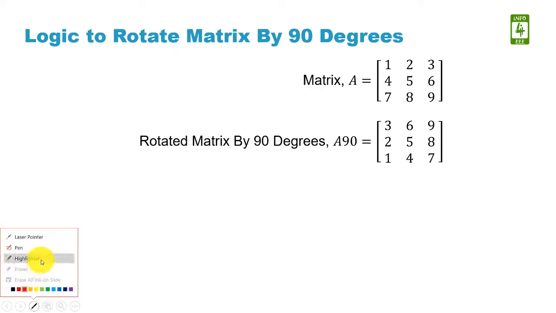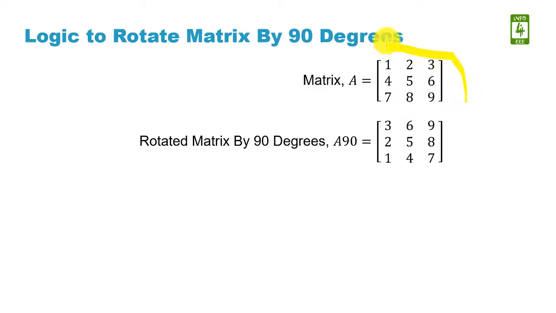Here you can clearly see that this matrix A90 is the rotated version of matrix A, rotated in anti-clockwise direction. So you can clearly see that 369 is here, 258 is here, and 147 is here.